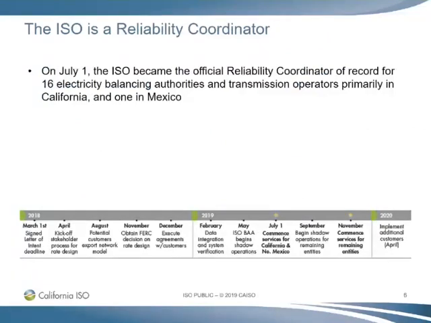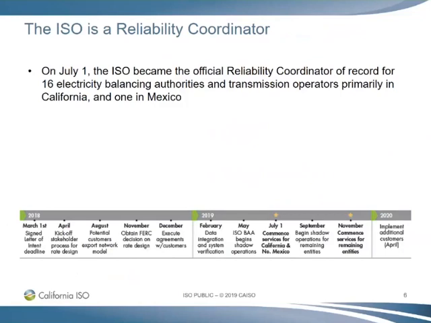On July 1st, the ISO became the official reliability coordinator of record for 16 electricity balancing authorities and transmission operators, primarily in California and one in Mexico. The cutover marks the first phase of a transition of power grid oversight responsibility from Peak Reliability to the ISO's service, RC West.